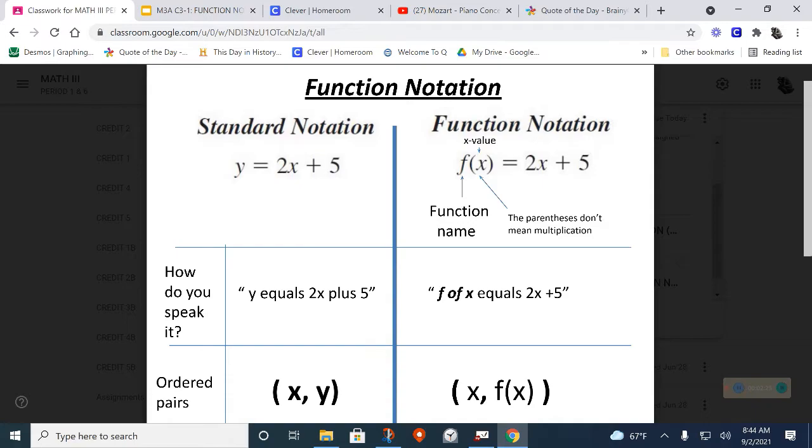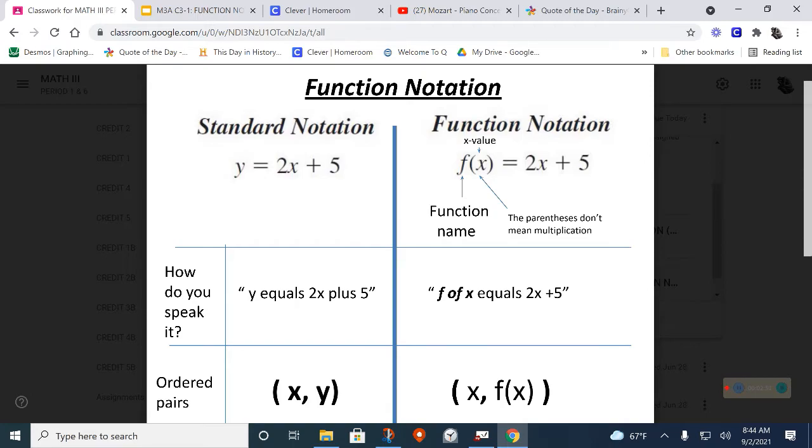The more formal way to write a function is to replace y with f of x, because y is a function of x. To say something's a function of something means that it depends on something. For instance, your grade in my class is a function of your performance.